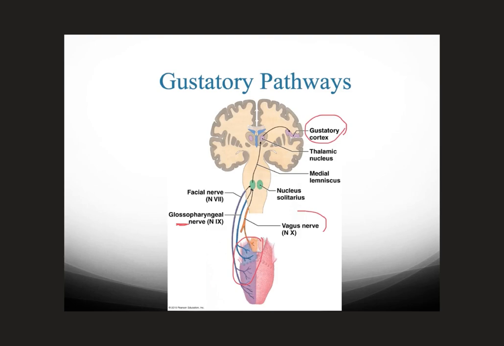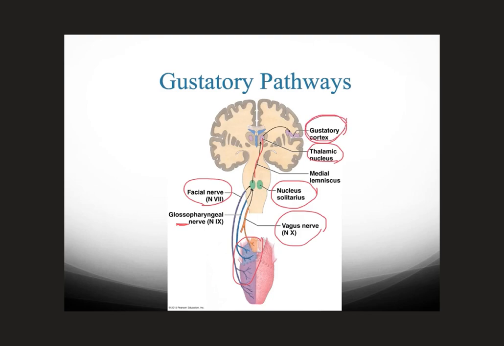It's also going to go through your vagus nerve, which is your cranial nerve number 10, and through your facial nerve, which is your cranial nerve number 7. All of them are going to come together to this nucleus, which we call the nucleus solitarius, which you don't have to know. But at the end, it's going to come to your thalamic nucleus in your thalamus, and then from here go to your gustatory cortex.